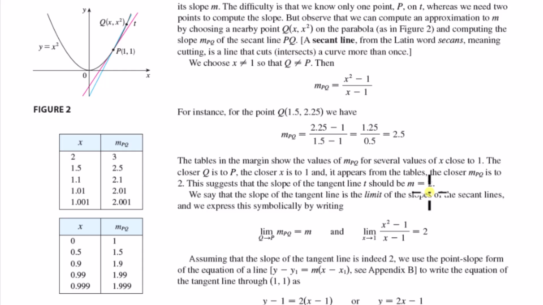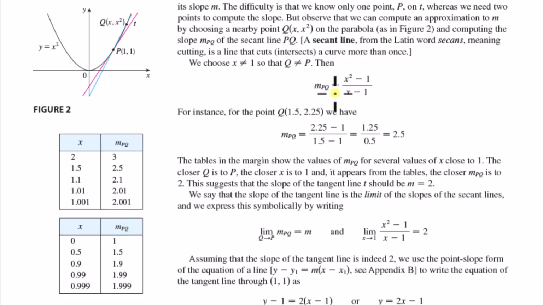This is important to note. No official statements are being made yet. All we're saying is that if we had some hypothetical, very powerful calculator and could do arithmetic calculations to 1,000 decimal places, then it seems that if we plugged into this MPQ equation values of x extremely close to 1, but just above 1, like 1.000 with 1,000 zeros then 1, we would get something like 2.000 with 1,000 zeros then 1.